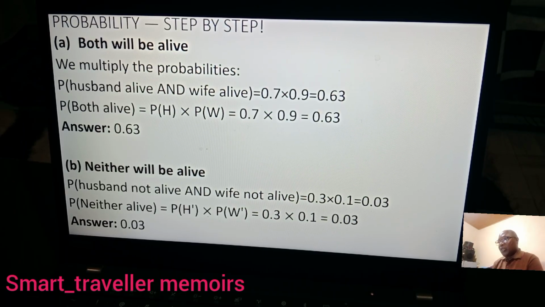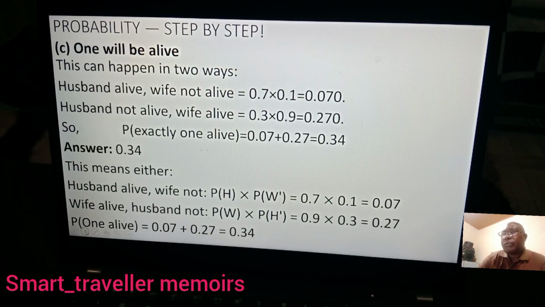Or, in symbols, you can say P neither alive, probability of husband not alive times probability of wife not alive is equal to 0.3 times 0.1, which is equal to 0.03. And the answer is 0.03. At the end of this answer, I'll explain this more.